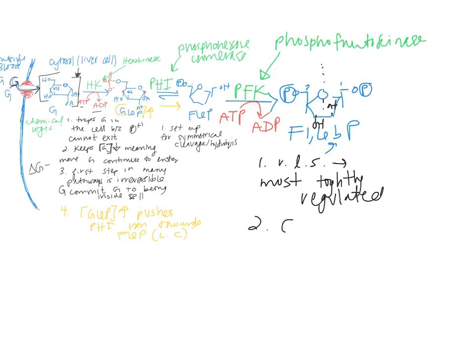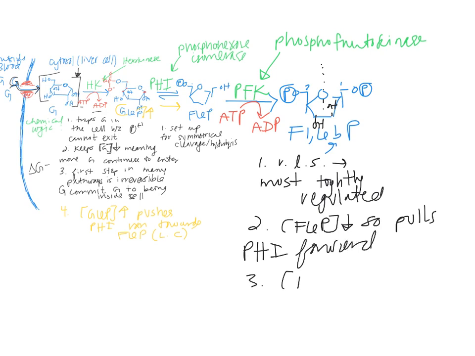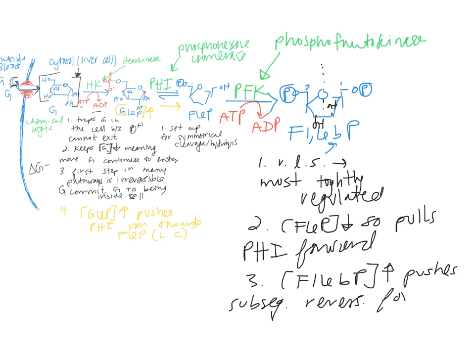Okay. The concentration of F6P is kept low, so it pulls the reaction catalyzed by PHI forward. And the concentration of fructose 1,6-bisphosphate, or F16BP, is kept high, so it pushes the subsequent reversibles forward.